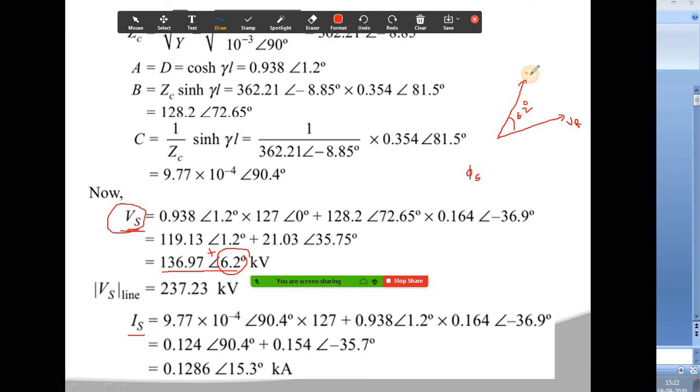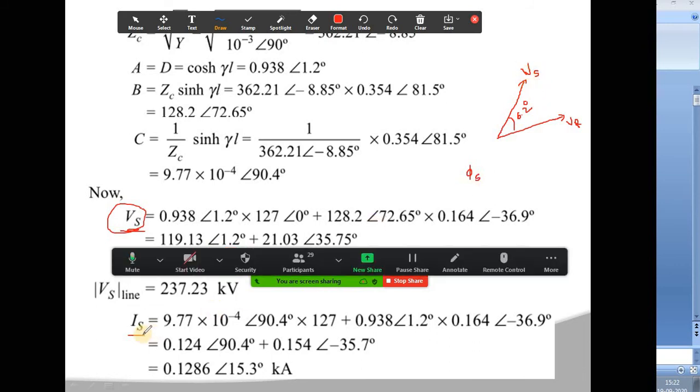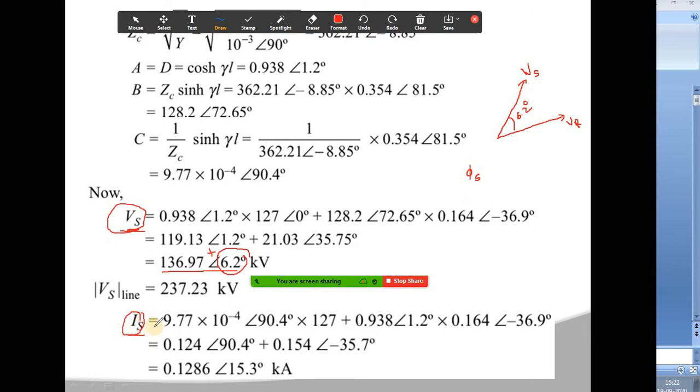This is the value of Vs. In a similar way, the sending end current Is is 0.1286 at an angle of plus 15.3 degrees, so the current also will lead the reference Vr by an angle of 15.3 degrees.